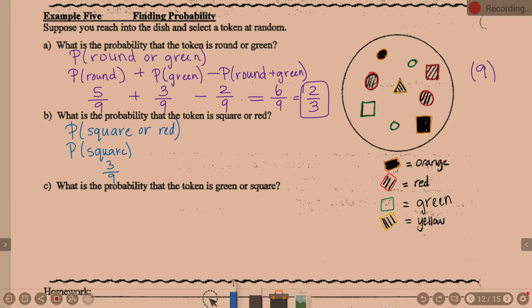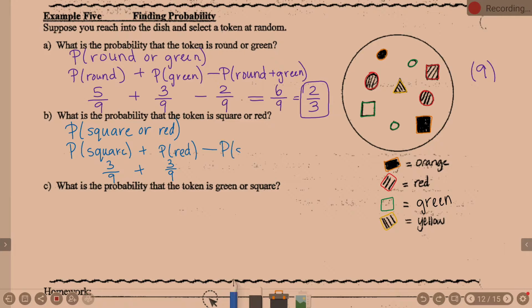Or tells me I'm going to add. And now I want the probability of red. How many are red? 3 again, so 3 ninths. Are there any tokens that are square and red, that I counted in my square category and in my red category? Yeah. How many did I count both times?